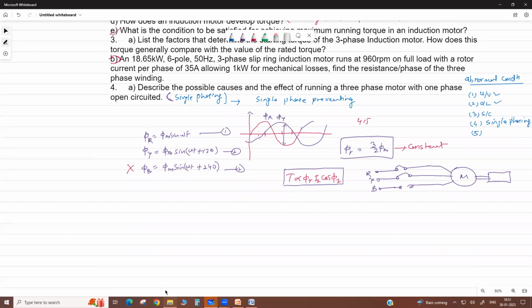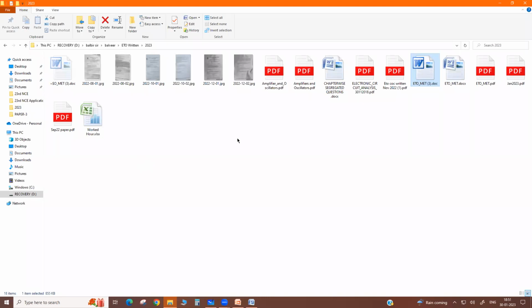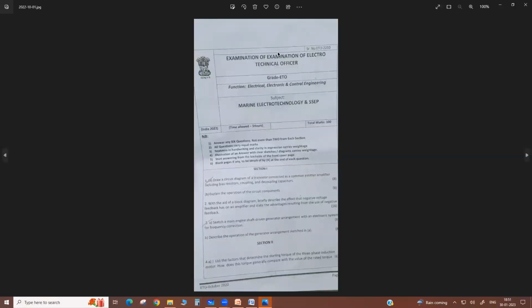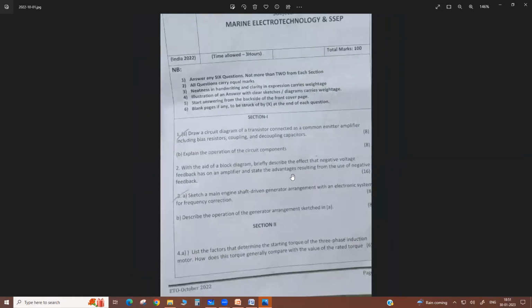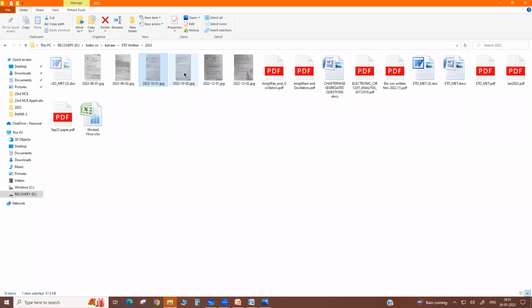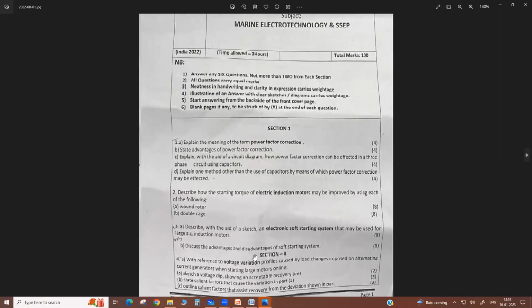Sir, there was one more question in this, how to improve the starting torque, I think it was in October month or August. Yes, this one in August month.